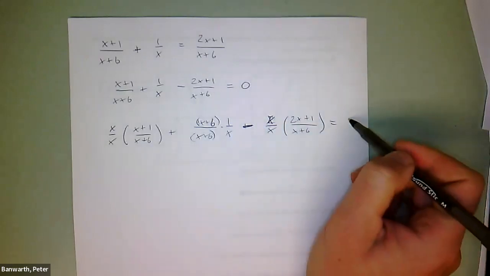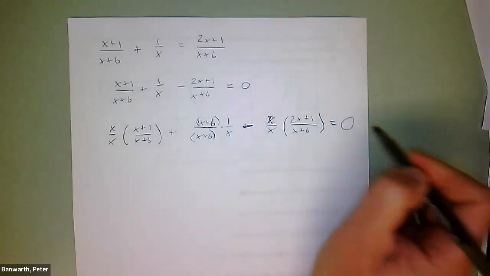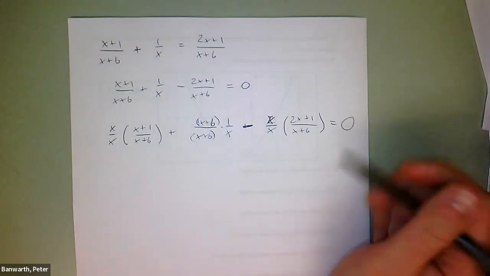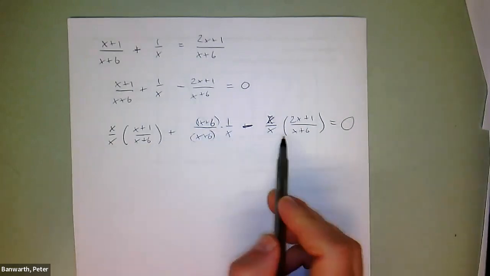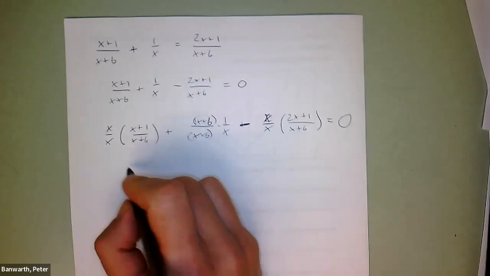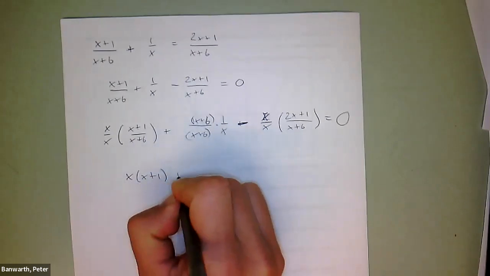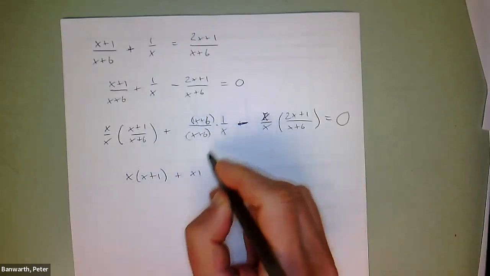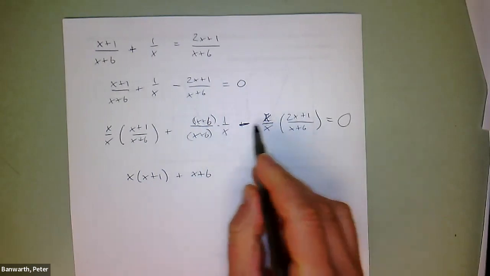That all equals 0. So now they all have the same denominator, so I can combine the three fractions. x plus 6 times 1 is still just x plus 6.